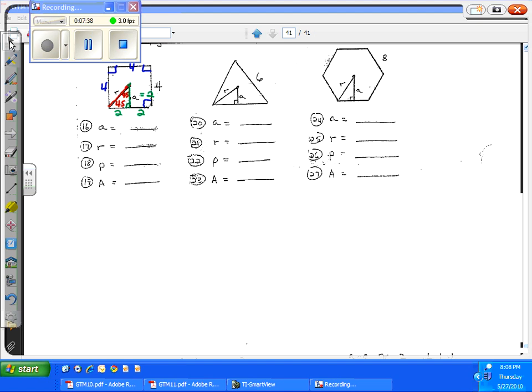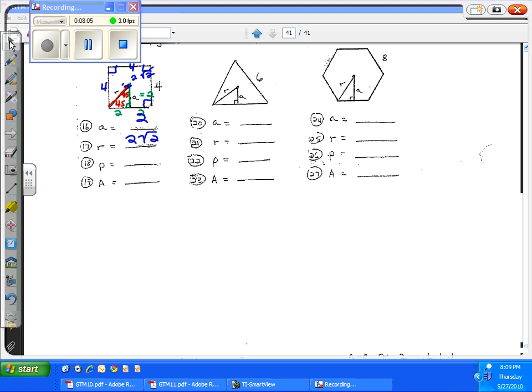In a 45, 45, 90, the hypotenuse is equal to a leg times the square root of 2. So the radius, which is the hypotenuse, is equal to a leg, 2, times square root 2. So apothem is 2. Radius is 2 square root 2. We got that from the 45, 45, 90 triangle rules.